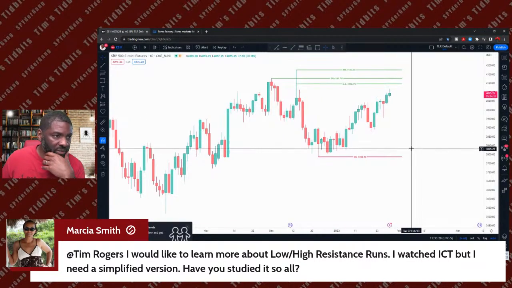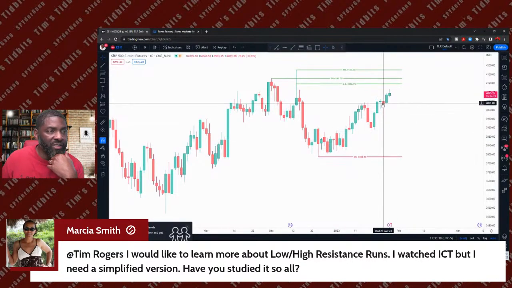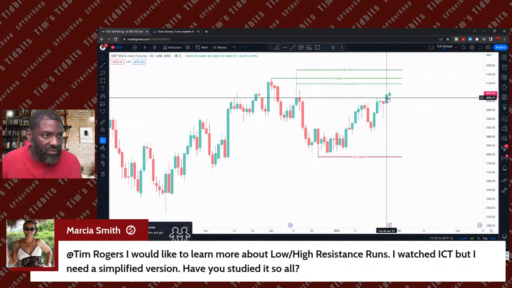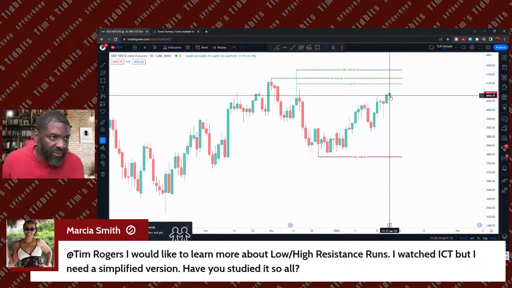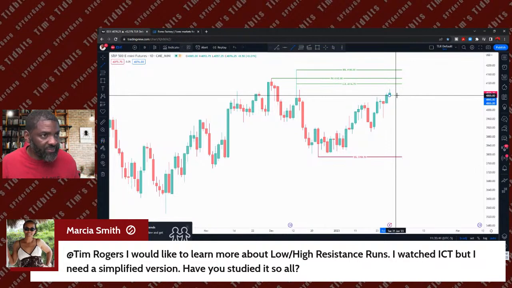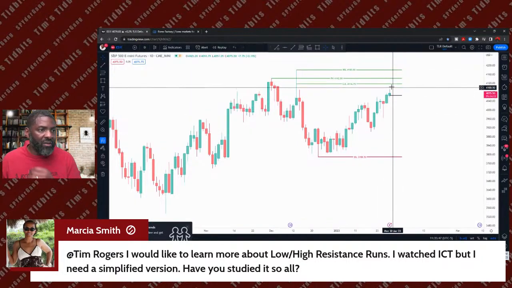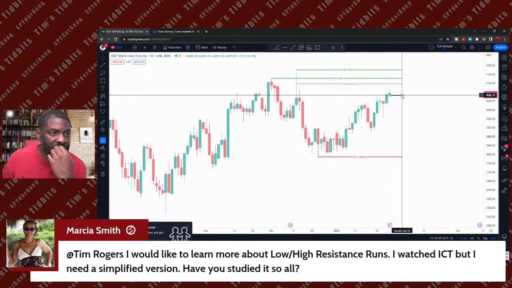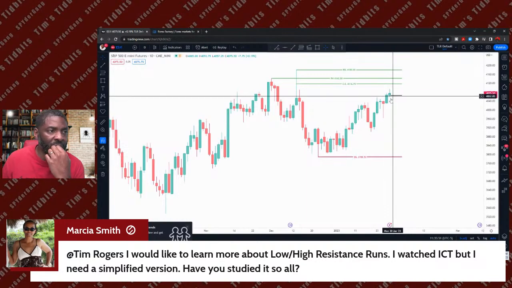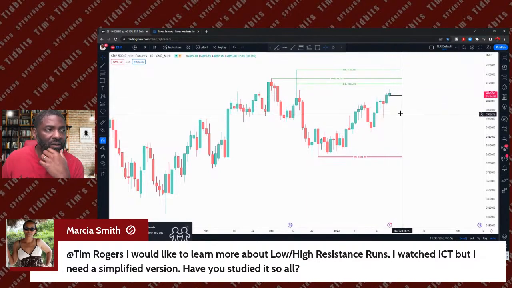When you think about liquidity runs, let's say from the open of today. We opened up right here. This is what we opened at today, at this line right there. I'm gonna make this a black line, from today's open, right?